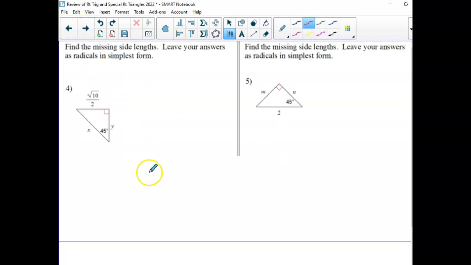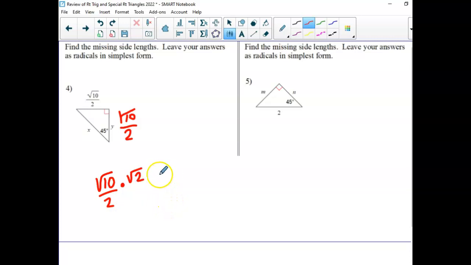They do get a little trickier. This is a leg, yes. So this other leg over here is the same. So this is still square root of 10 over 2. That's weird, but that's okay. To get to the hypotenuse, the pattern says you take the leg and you multiply it by the square root of 2, right?